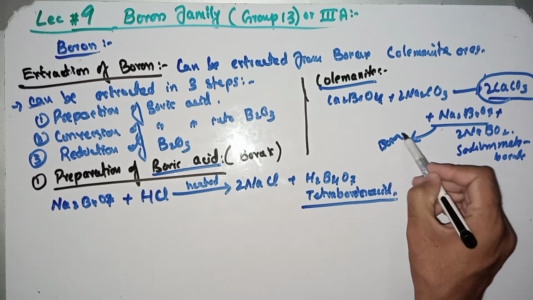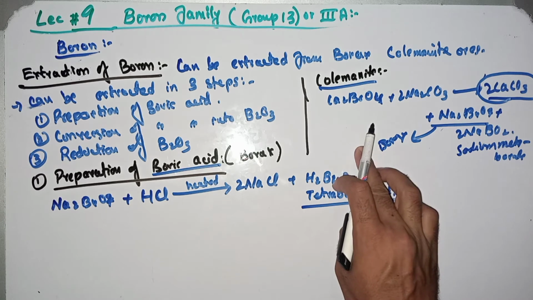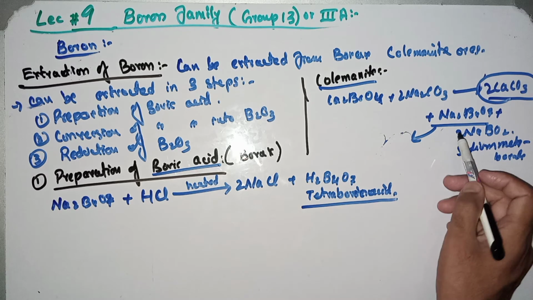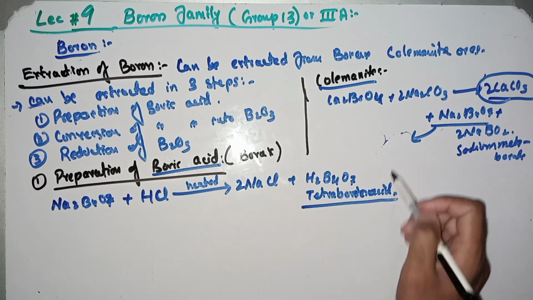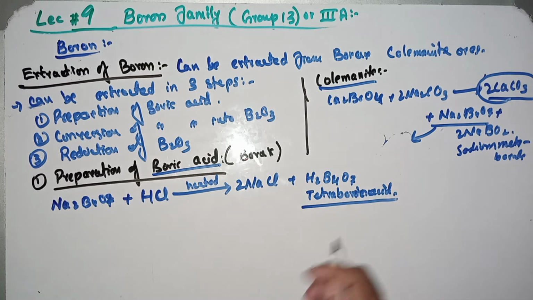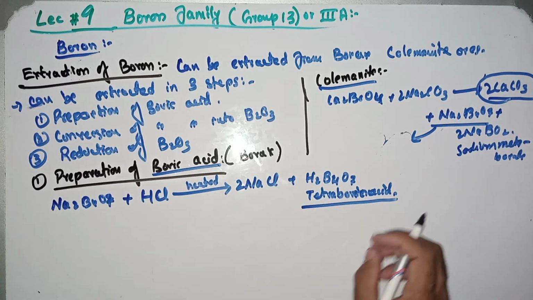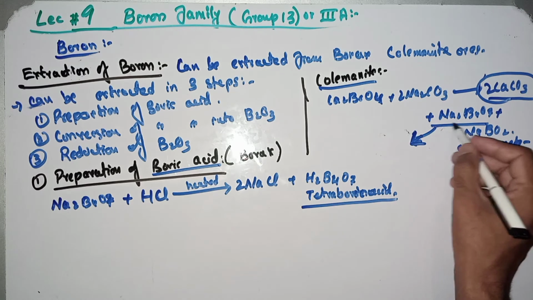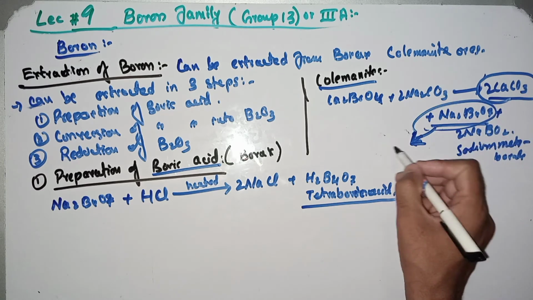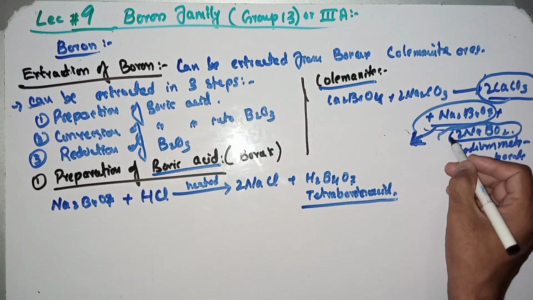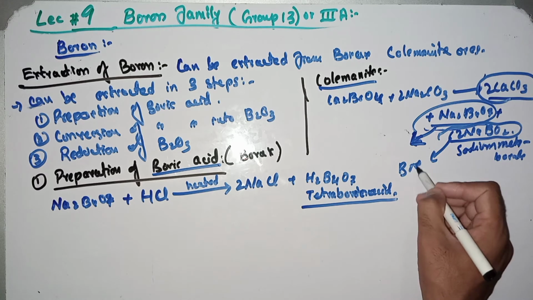The filtrate containing borax and sodium metaborate is put through crystallization. After crystallization, the borax separates as crystals. After that, the sodium metaborate can also be converted into boric acid.